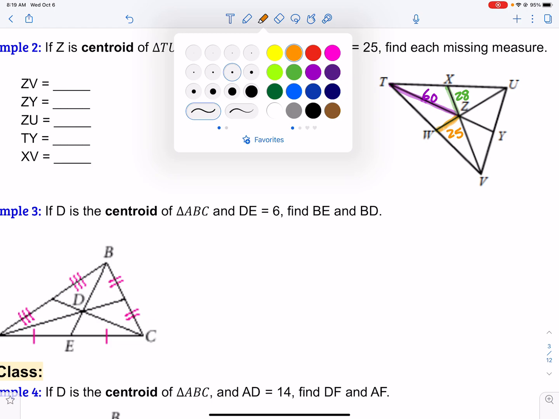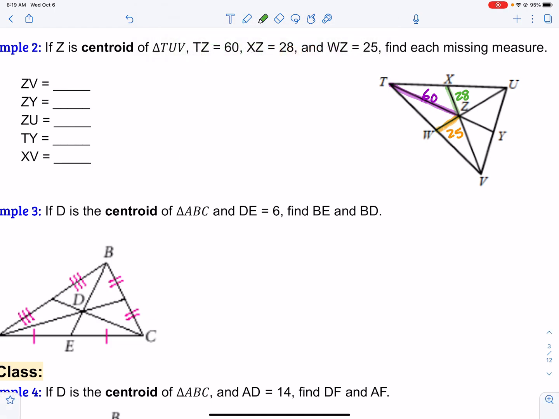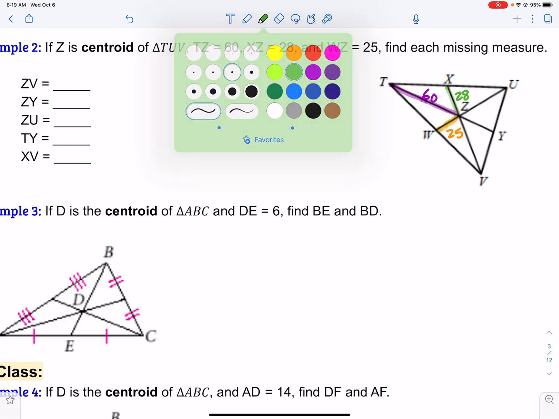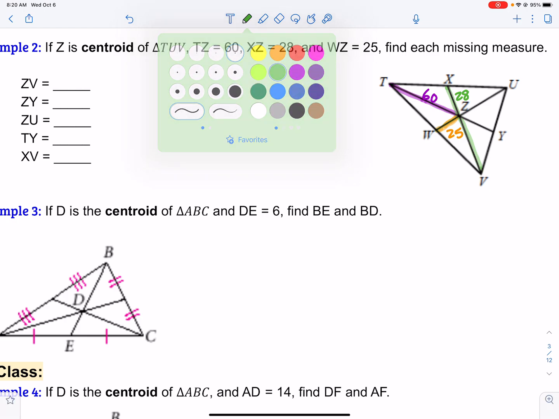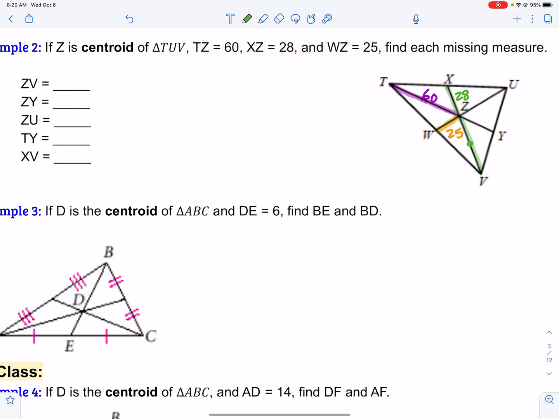So what I like to do is treat it like there are 3 equal parts. So the little one is what we've already labeled as 28. There are 2 more thirds of that line, that segment, that median. So each piece of that would be 28. So there's 3 28s if you think of it as like 3 parts or 3/3. And so ZV would be 28 plus 28, which would be 56.